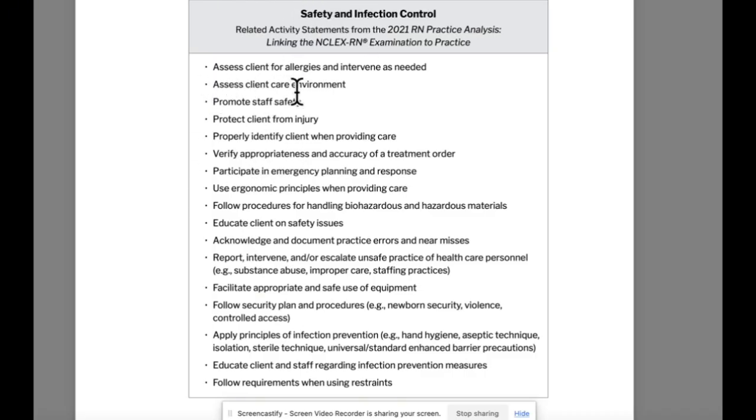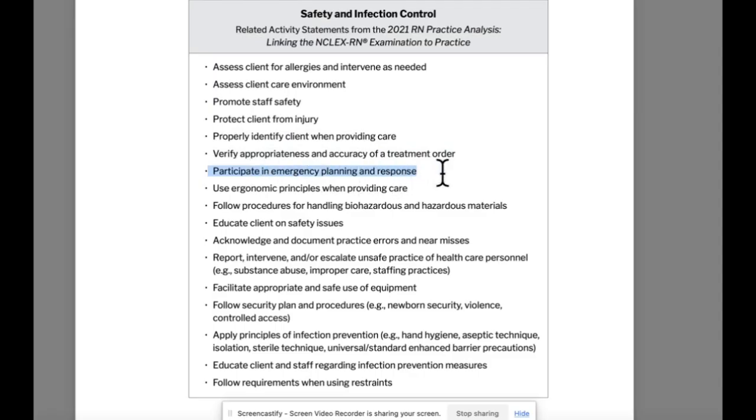Assess client for allergies and intervene as needed. Assess client care environment. Promote staff safety. Protect the client from injury. Properly identify the client when providing care. Verify appropriateness and accuracy of a treatment order.